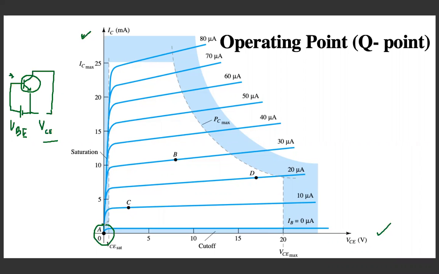That means we do not want the collector to emitter junction with no bias. So let's move on to the second point, that is point B.